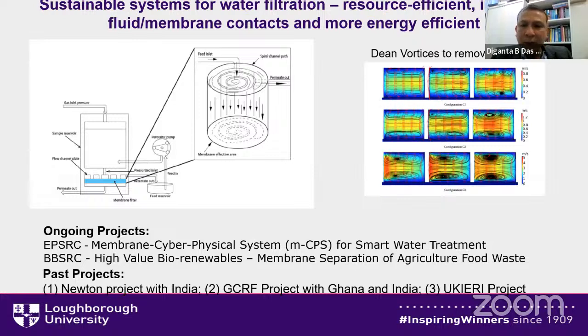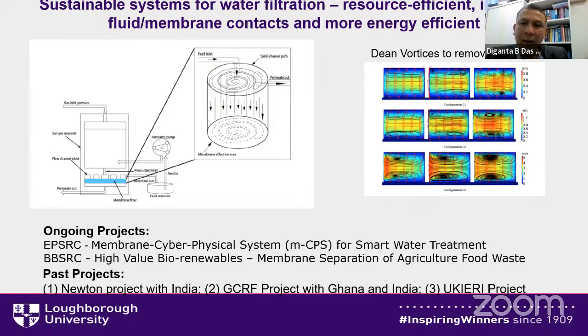In this case, we use a concept called a circular flow system, or a hybrid filtration system. What that means is that water circulates on top of the membrane. It doesn't go through the membrane directly. It circulates on top of the membrane, and that eliminates the fouling on top of the membrane.